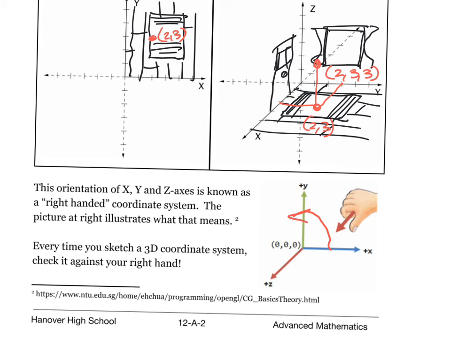So a left-handed system would do the same thing with your left hand. In a left-handed system, you'd have z-axis, x-axis here, and y-axis here. This would be a left-handed system.